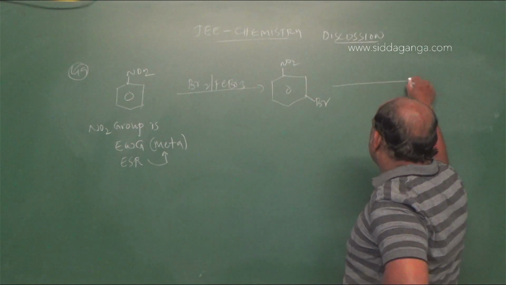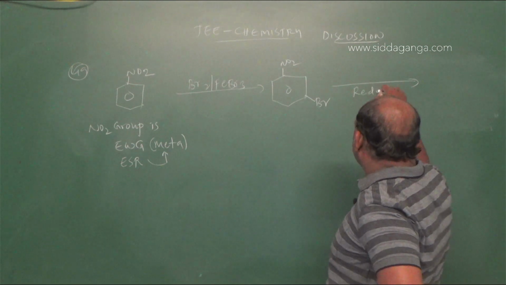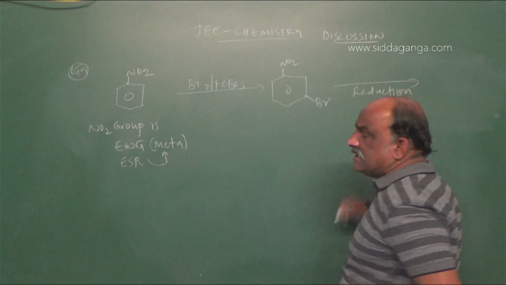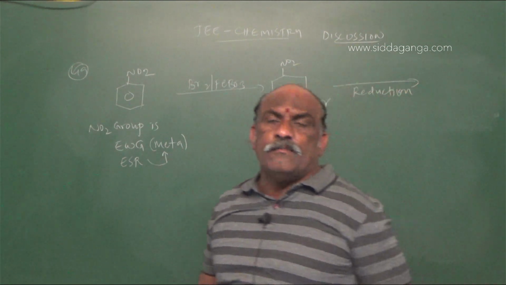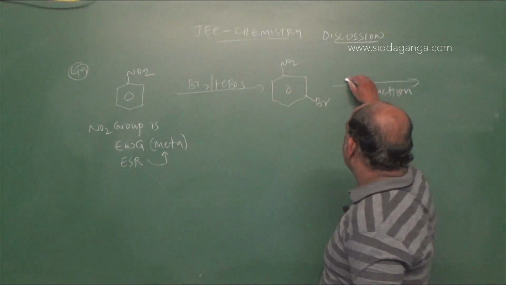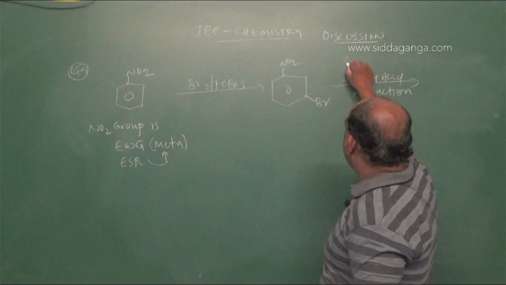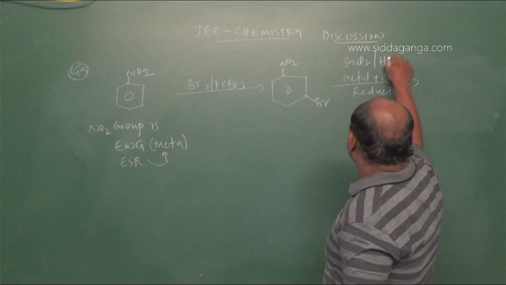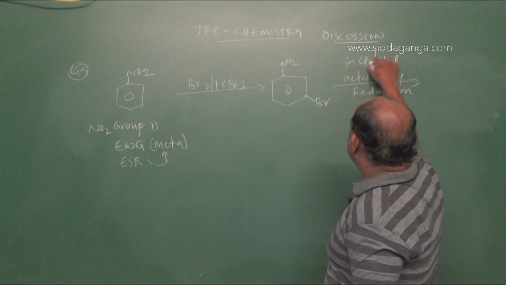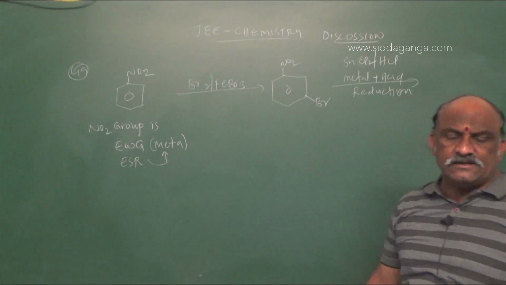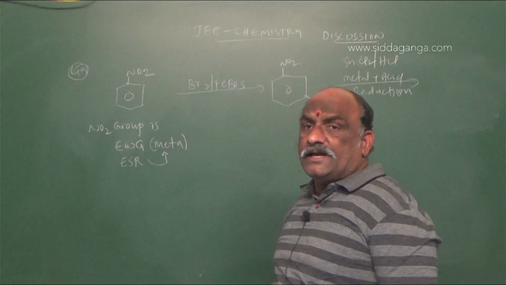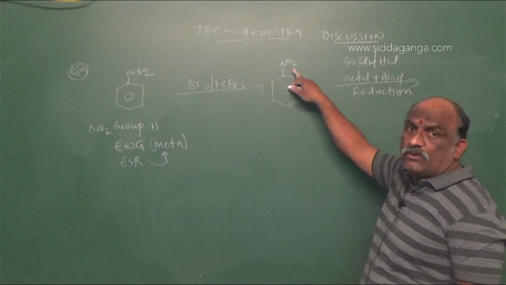To this you go with reduction. Reduction means metal plus acid, so they gave SnCl2/HCl. The NO2 group is converted into NH2.